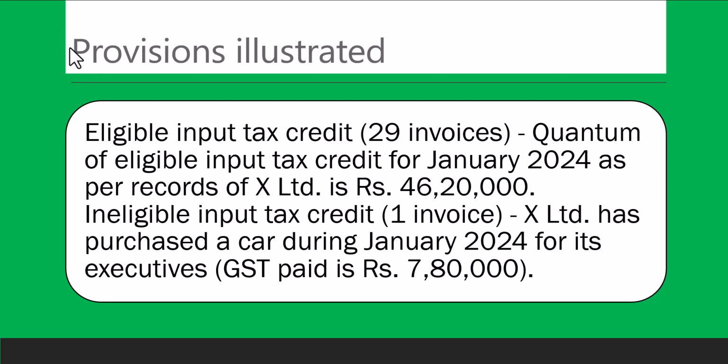GST paid is rupees 7,80,000. So out of 30 invoices, 29 invoices pertain to eligible input tax credit, that is 46,20,000, whereas one invoice is for buying a car, for which he has paid a GST of 7,80,000. So this is ineligible. If you buy a car, you're not entitled to input credit, unless it is a 14-seater car and it's used for business purpose.